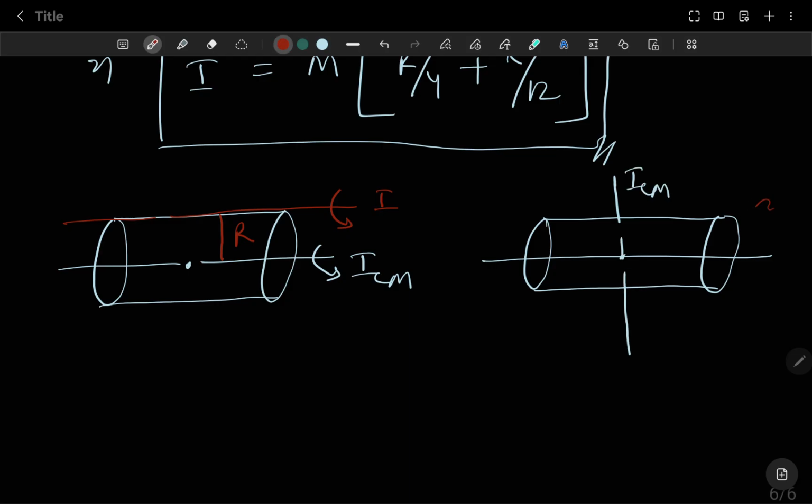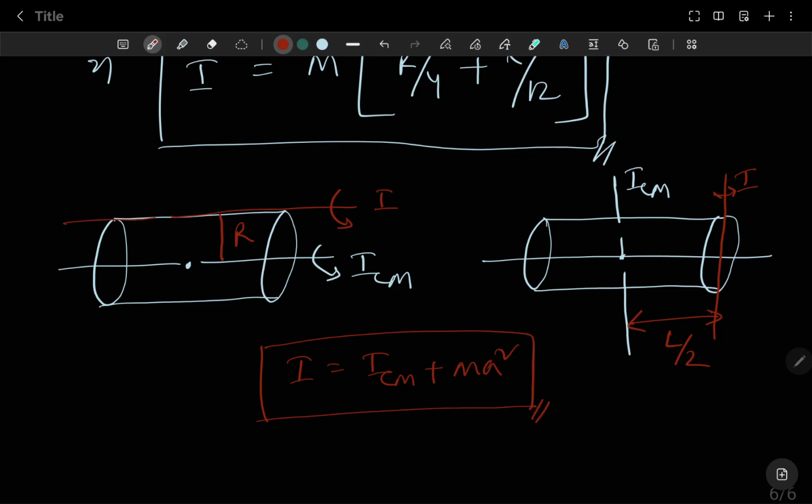If I ask you to calculate the moment of inertia about this other axis, that is I, then you can calculate it using the parallel axis theorem. What is the distance? L by 2. As simple as that. Use this I_CM plus m s square. So these two things you will try at home.